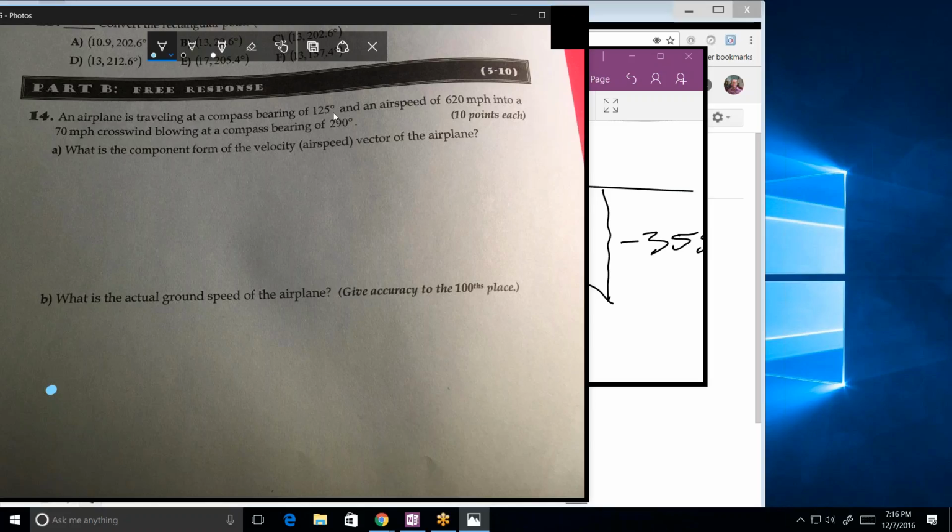I'm not convinced the 125 degrees isn't their final compass bearing, that the plane is actually flying at a bearing of 125 degrees. But I'm not certain, so I don't want to give you any definite answer on that.